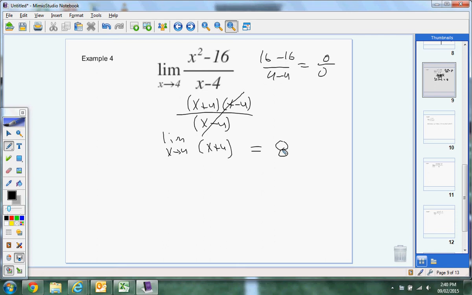Yes, 8 is the y value of the point of discontinuity. It would be 4, 8. This one is just kind of solvable because we're using basic functions.